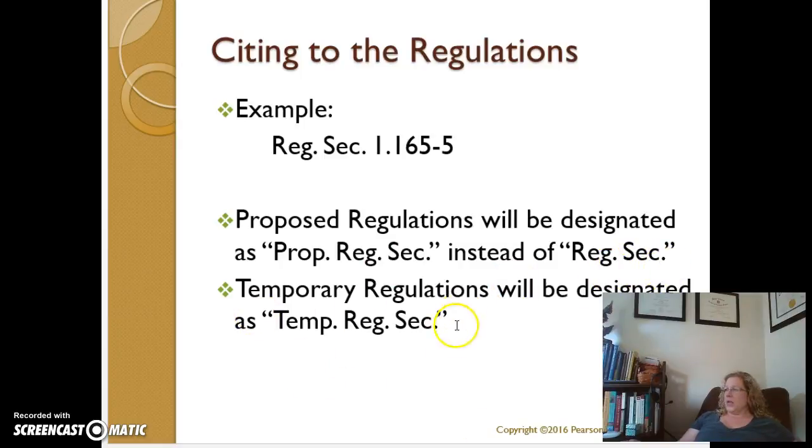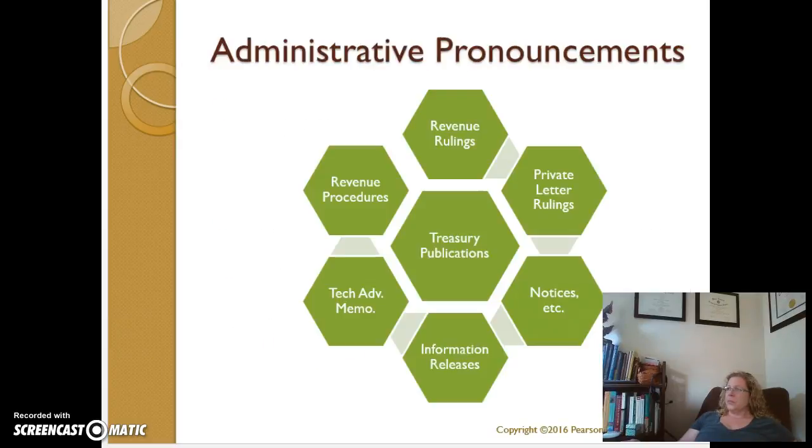And temporary regulations are designated Temp Regulation Section. And then you have administrative pronouncements. This includes revenue rulings, private letter rulings, Treasury publications, notices, information releases, technical memos, and revenue procedures.